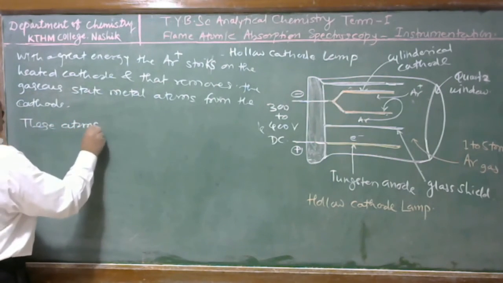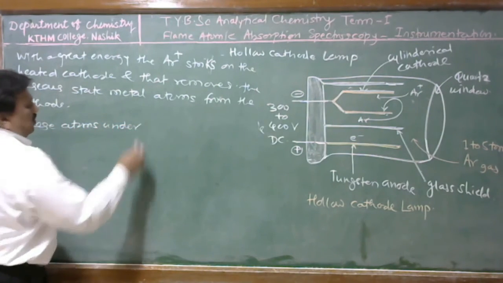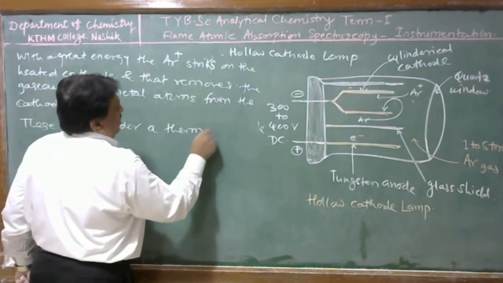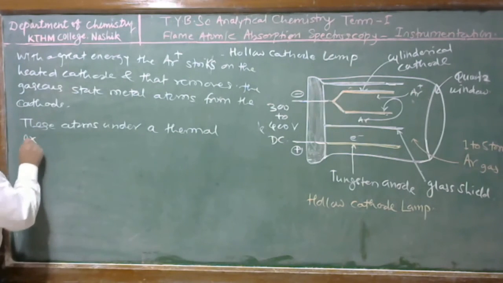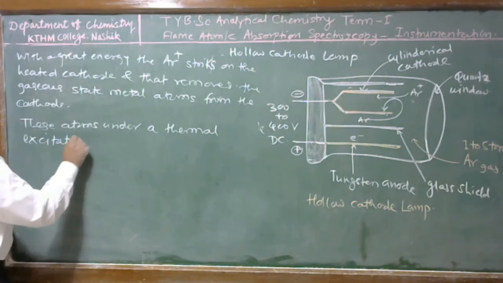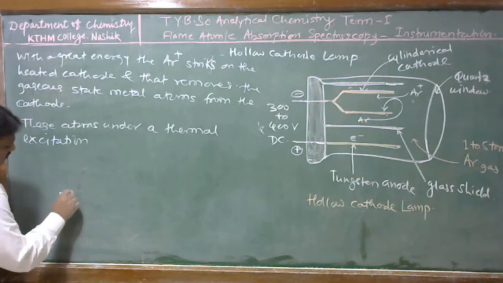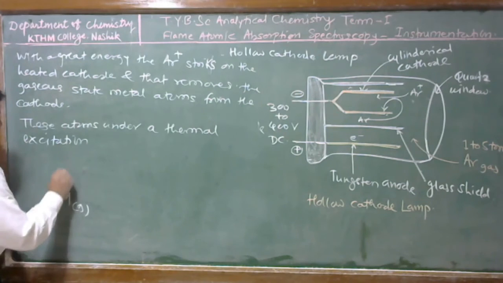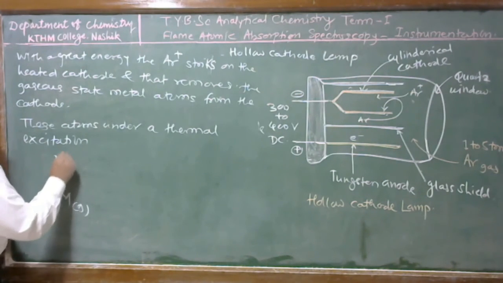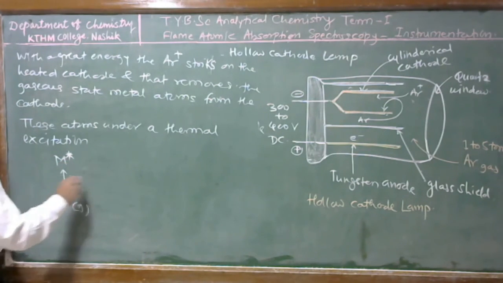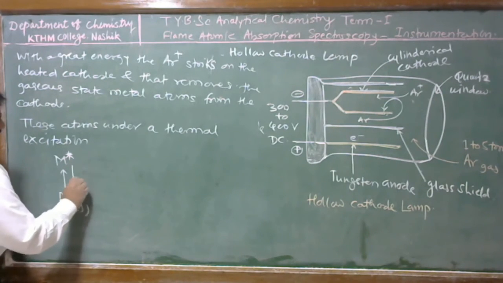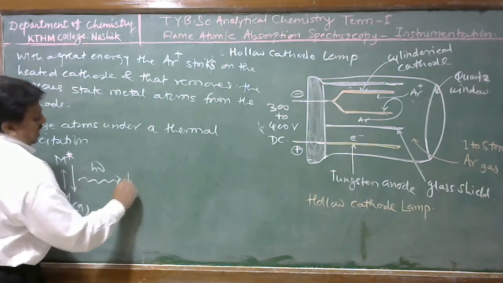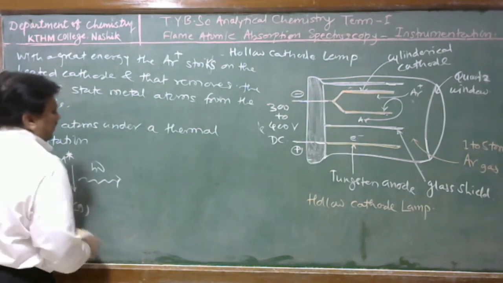Here these atoms undergo a thermal excitation. That is, the metal atom removed from the hollow cathode lamp undergoes an electronic transition to excited state, and when it comes back to ground state, that emits a radiation, which are the emission lines of the analyte element.